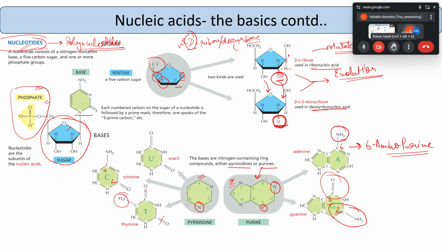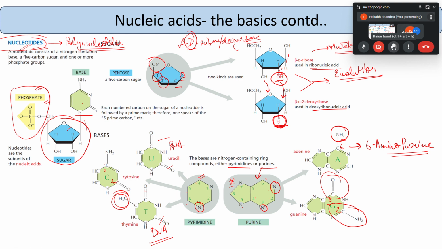In case of uracil, this methyl group is removed and only two oxo groups are present. Uracil is only present in RNA, while thymine is only present in DNA. So this was the story about the different nitrogenous bases.